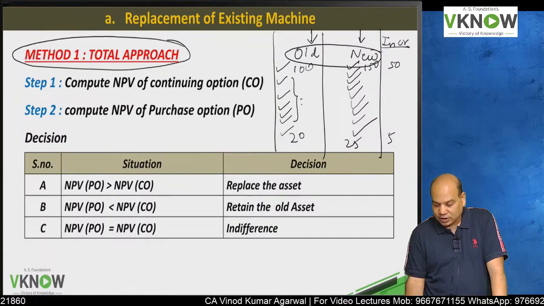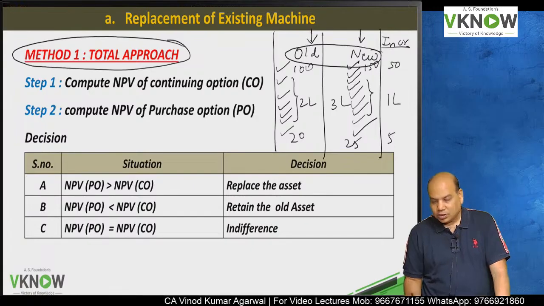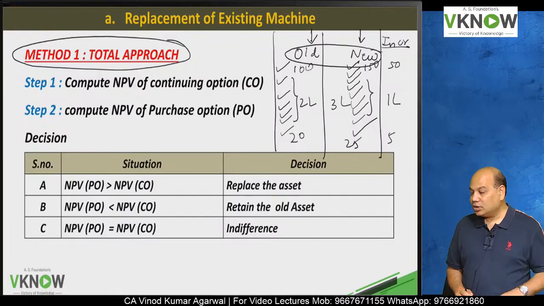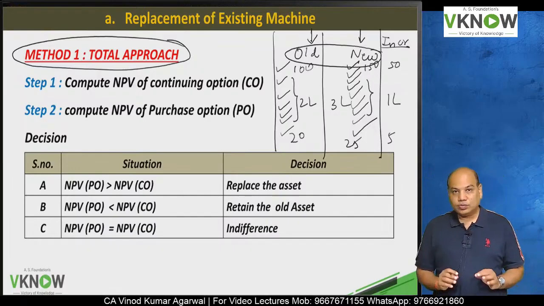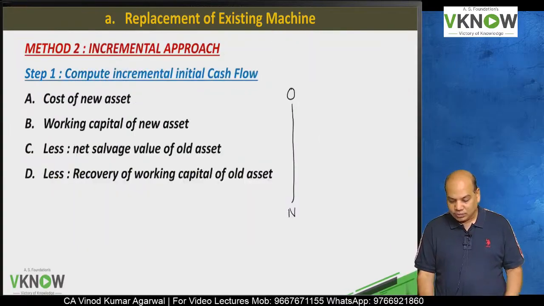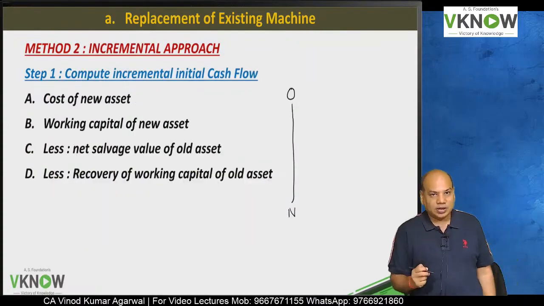If I write CFAT 2 lakh here and CFAT 3 lakh here, in the incremental approach I am going to write 1 lakh incremental CFAT. Is it right? So you have to calculate for each year what is my incremental cash flow.